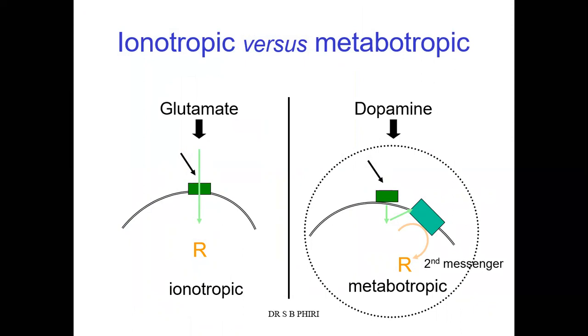The glutamate is just going to open a channel that will result in influx of ions and then produce a response. So these two receptors can work in collaboration to produce an action.